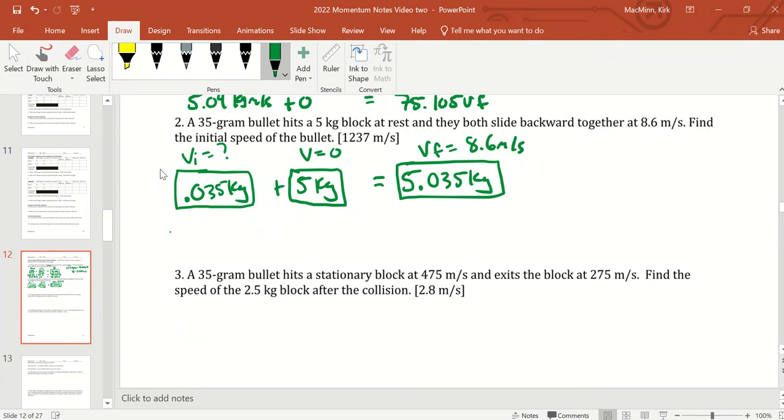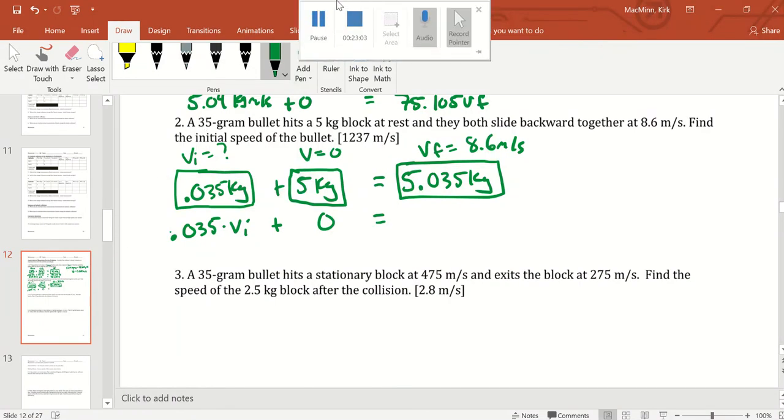So mass times velocity, so we have 0.035 times VI, plus 5 times 0, which is just 0, equals, we have to multiply 5.035 times 8.6. And when we do that, we get 43.301 kilogram meters per second.